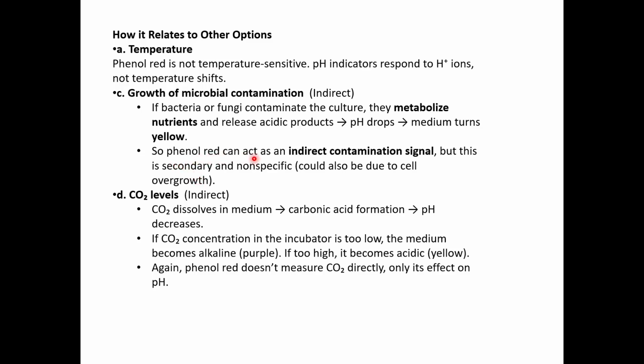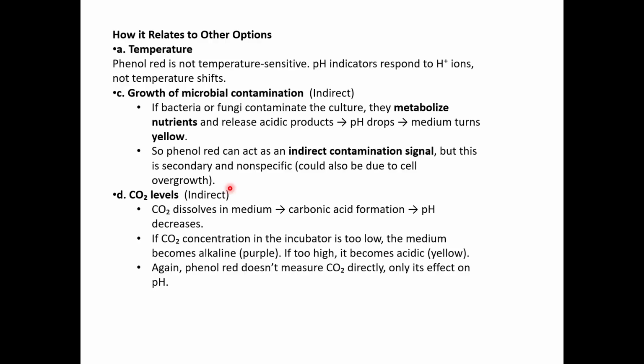So phenol red can act as an indirect contamination signal, but this is secondary and non-specific, and could also be due to cell overgrowth. In the same way, if you are overgrowing your cells, you basically grow your cells only up to 80% or a maximum of 90% confluency. After that, you either freeze them, use them for your experiment, or split and subculture them.